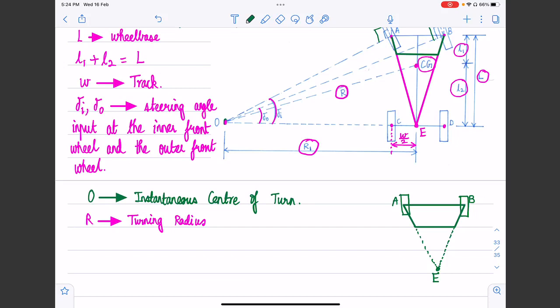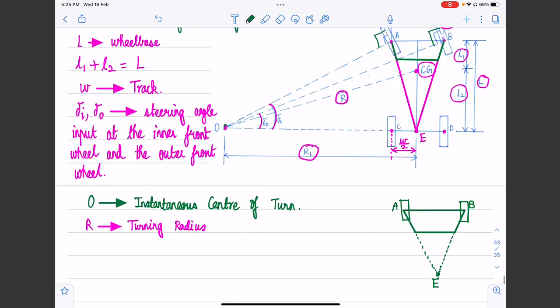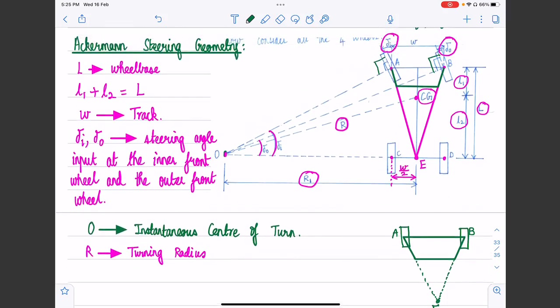Sir, there are a few models with the steering system on the rear axle, like a forklift. Will there be a mirror image of this one? Okay, very good. So what happens when we have rear wheel steering? In fact, there are cases where we may have all wheel steering also, to essentially have a tighter turning radius.